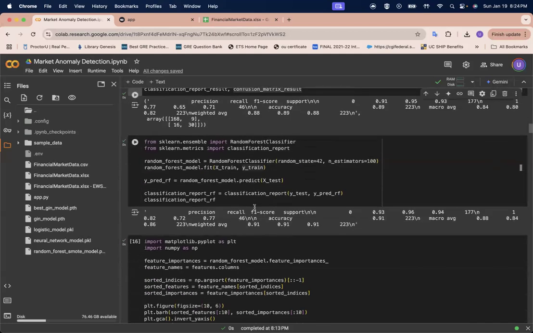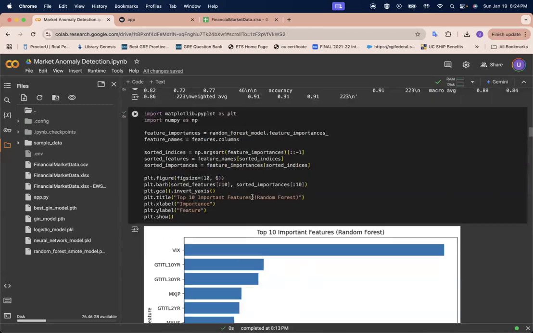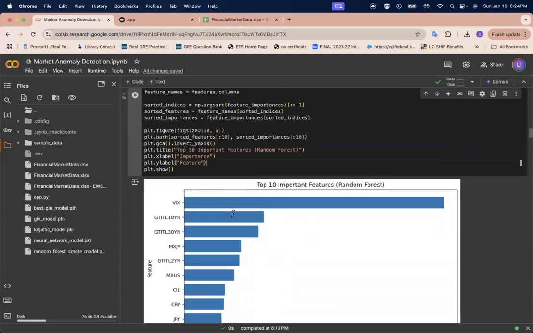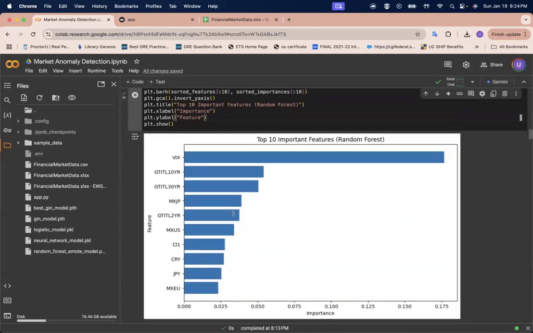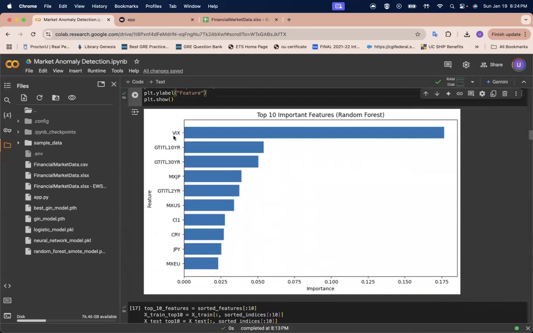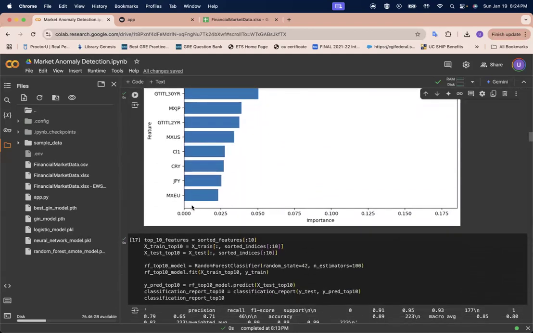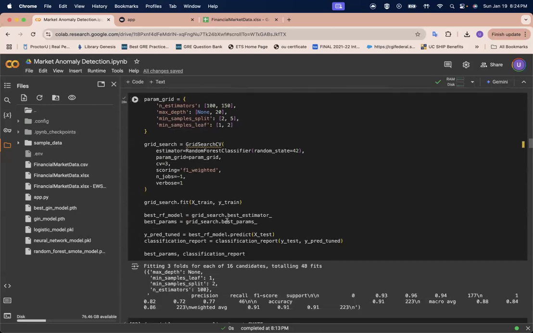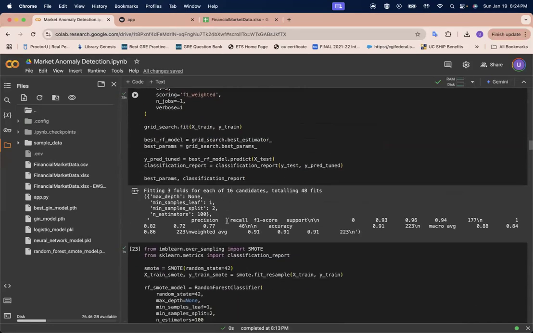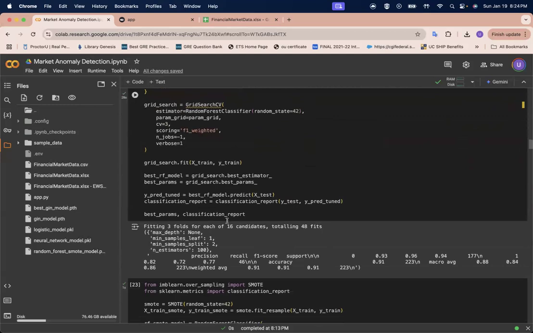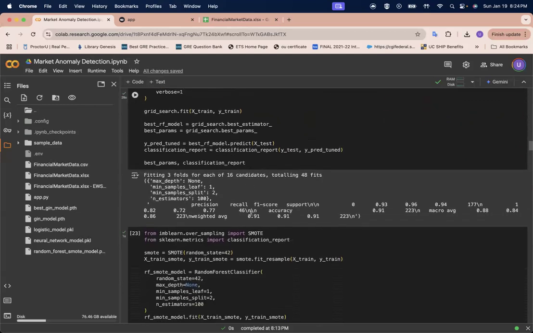So we apply the SMOTE technique in order to handle class imbalance and improve the overall recall score. But before that, we also perform PCA analysis in order to find the 10 most important features, where we notice that the VIX feature is the most important feature. And based on that, we also apply grid search in order to find a good random forest based model.